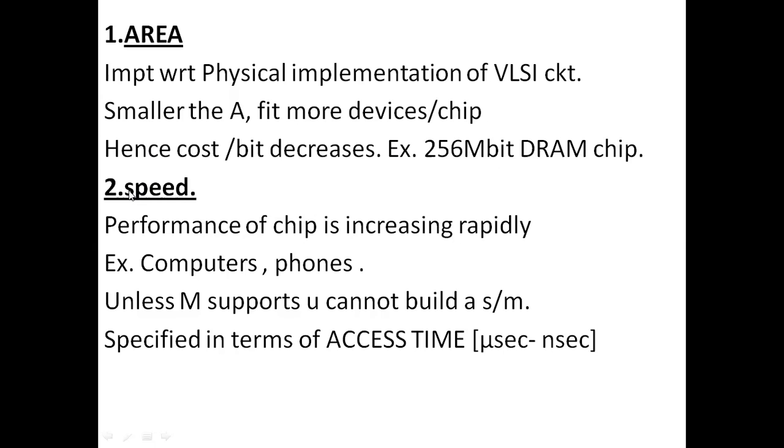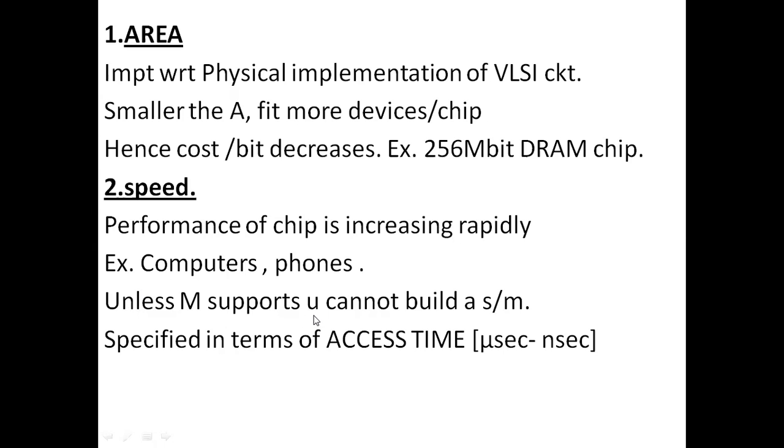Regarding speed, the performance of chips is increasing rapidly. Compared to the earlier days, there is a big difference in speed: earlier processors were very slow in operation, but nowadays very fast processors are available, operating in megahertz and gigahertz.